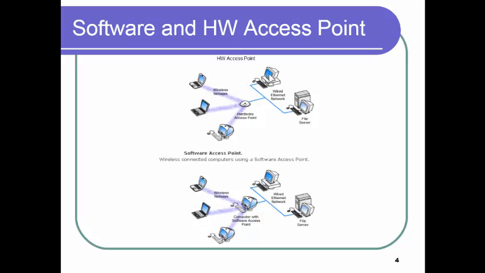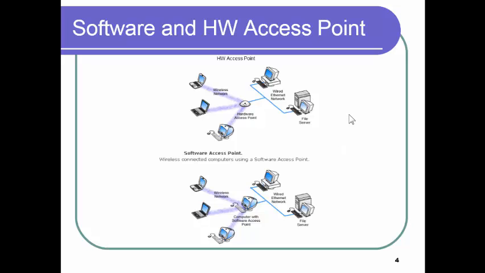Here two desktop computers are connected to the wired Ethernet cable, and one hardware access point, or wireless access point or Wi-Fi router, is connected to the Ethernet cable, and this hardware is responsible for providing wireless service to the mobile devices. Laptops, mobile phones or desktop computers can be connected to the hardware access point.